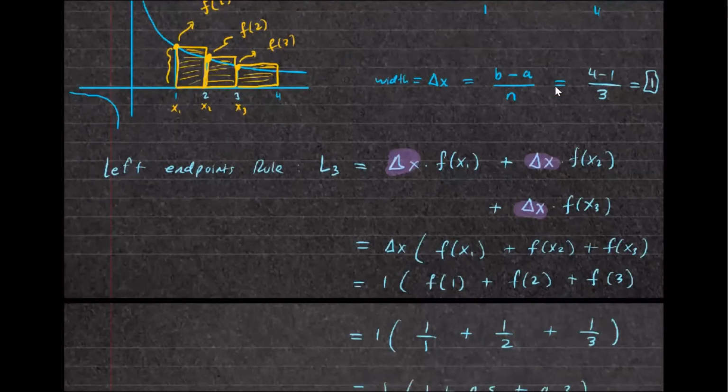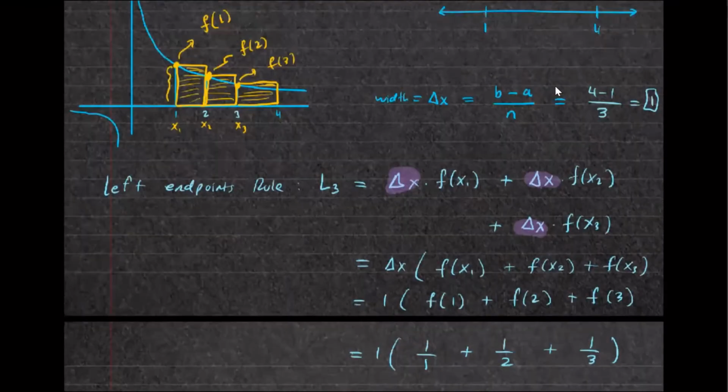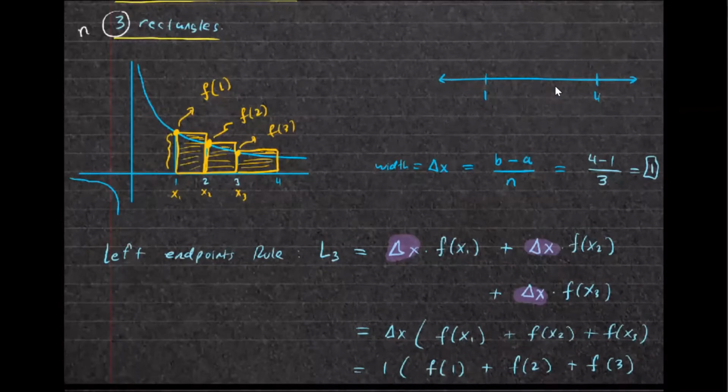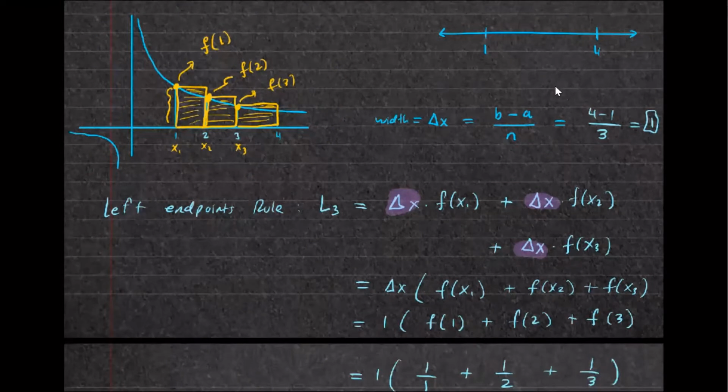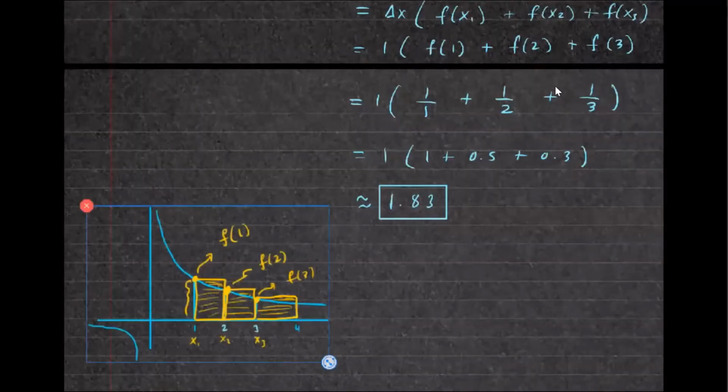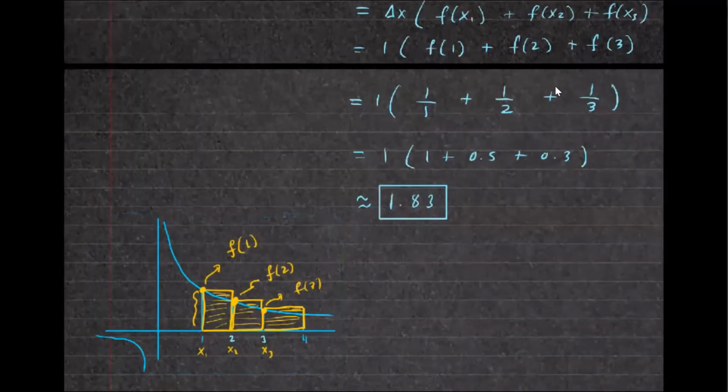Now let's go ahead and check out the other method. So we will do the same thing, but now we're going to be using the right endpoint rule. So I'm going to go ahead and take the picture and show you how to do that. Now we're going to be constructing the same number of rectangles, but the height will be determined by different x values.